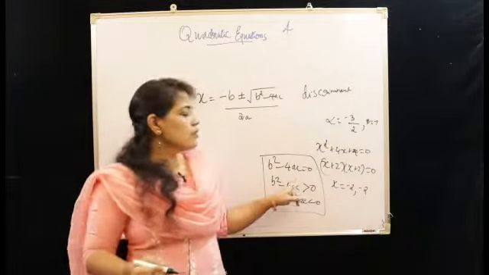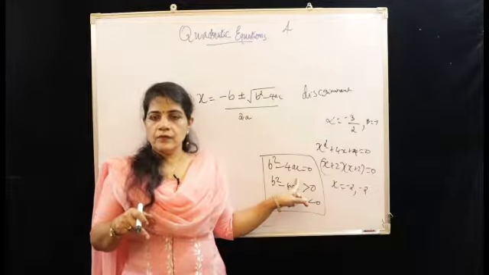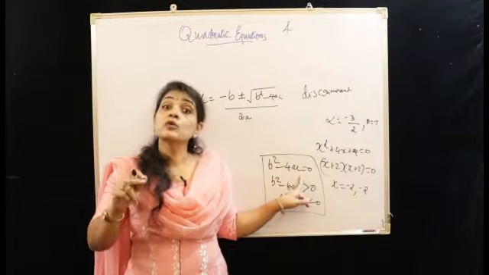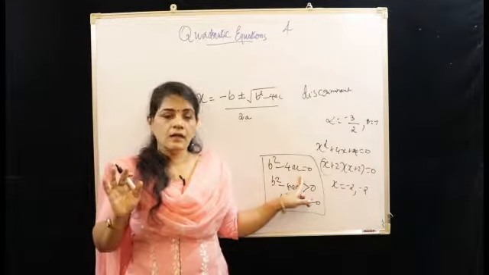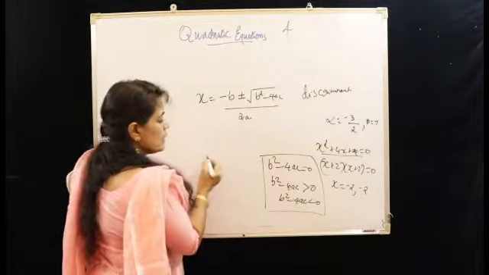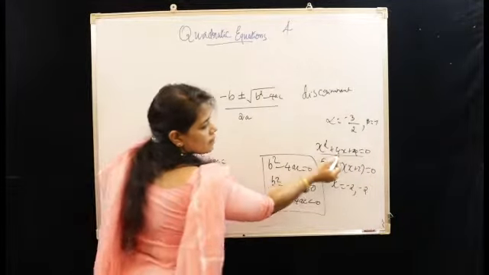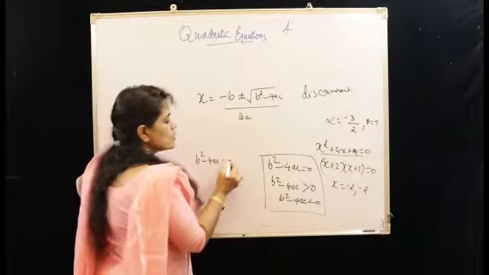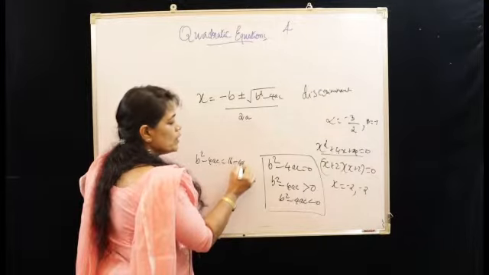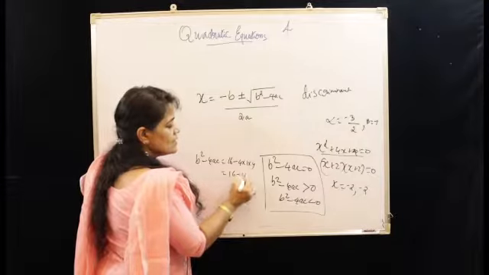Okay, if b square minus 4ac is equal to 0, in that case it will have two equal zeros. See children, if you compare this with the general form, b square minus 4ac: here b is equal to 4, so 16 minus 4 into a, which is 1, and c is 4, that means 16 minus 16, 0.